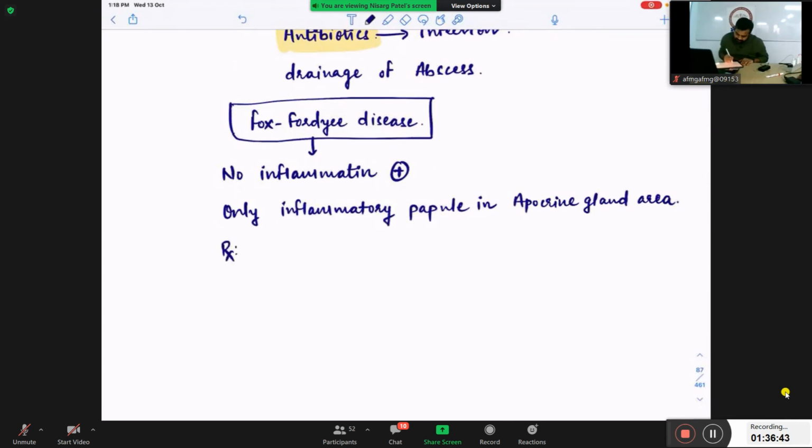So general treatment is not required, because this disease will not progress, it is just an obstruction, it can resolve on its own.